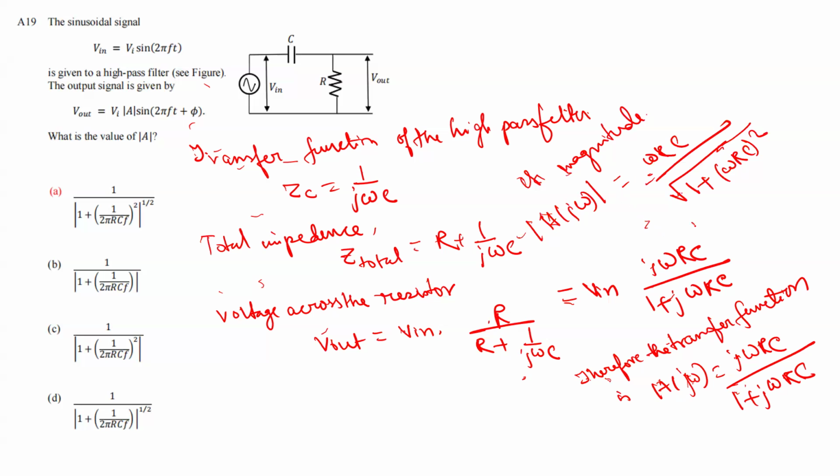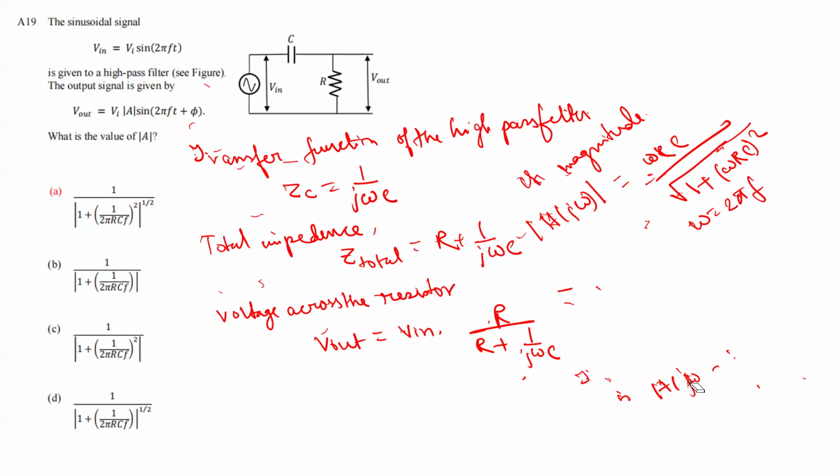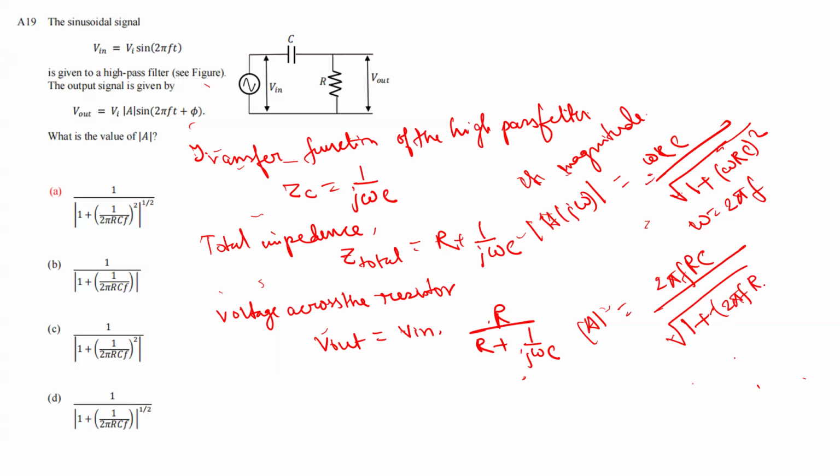We know omega equal to 2 pi f. So K equal to 2 pi f RC divided by the square root of 1 plus 2 pi f RC whole square, right?